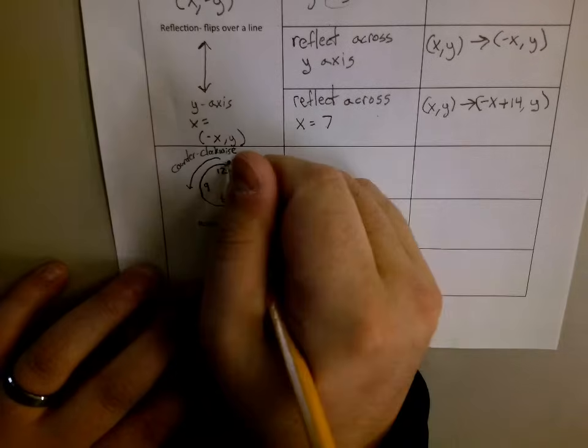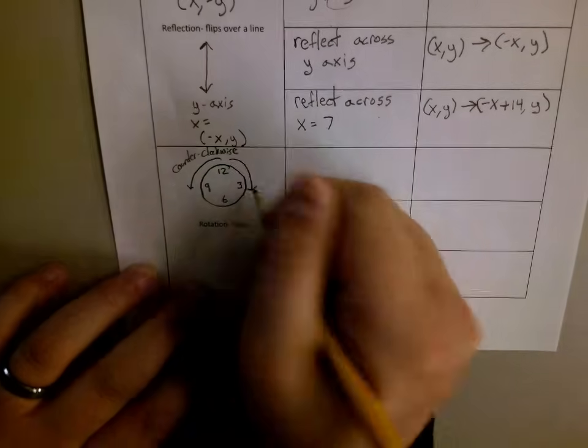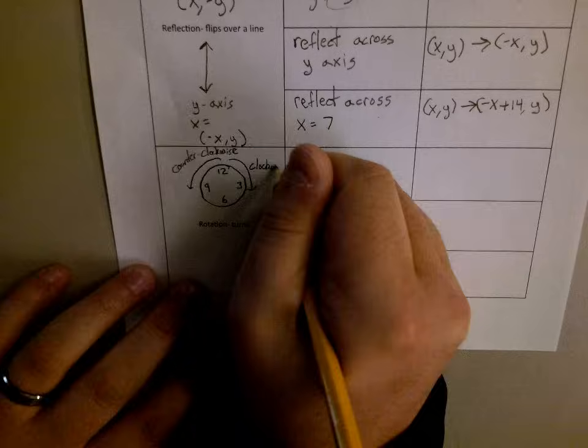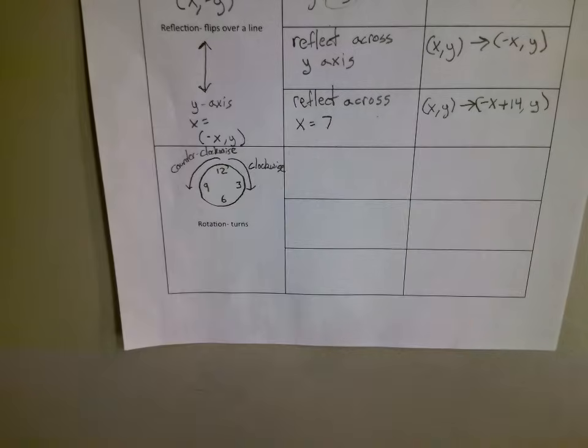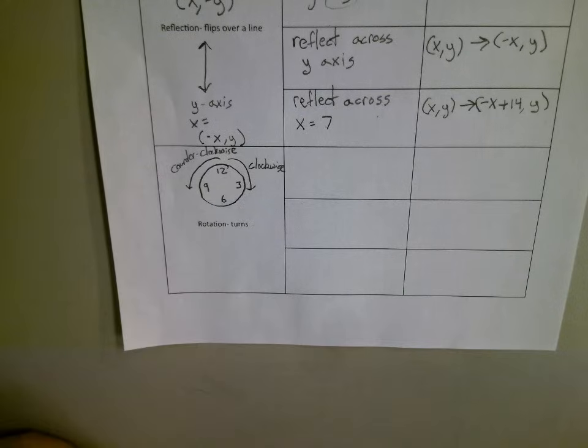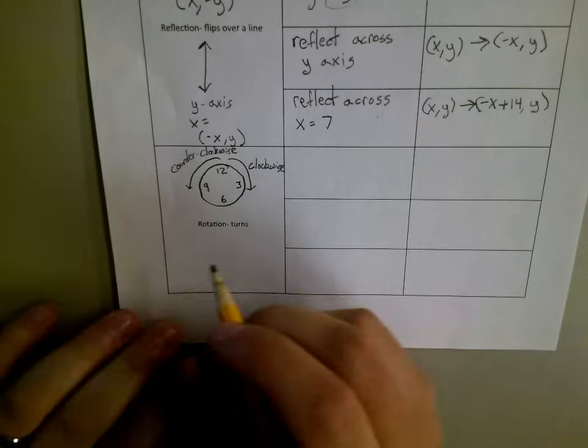And then when we go this way, that would be called clockwise. Okay? So we need to know those two things when we're rotating to the left or when we're rotating to the right. Okay? All of our rotations are going to be probably about the origin. And this is how this works.